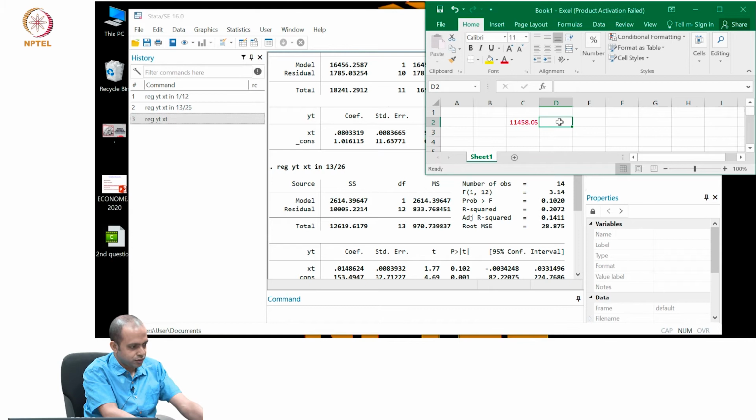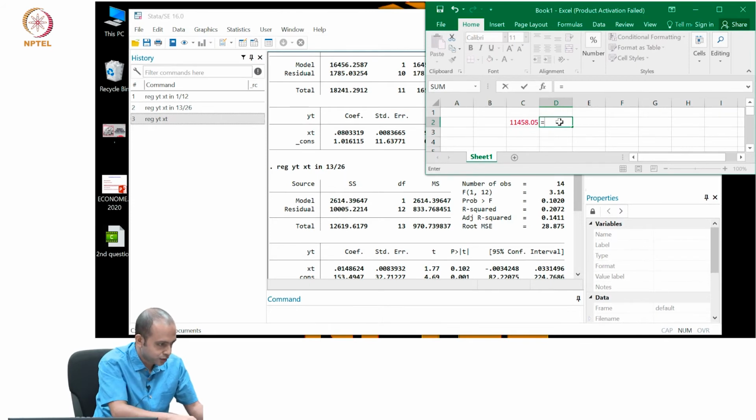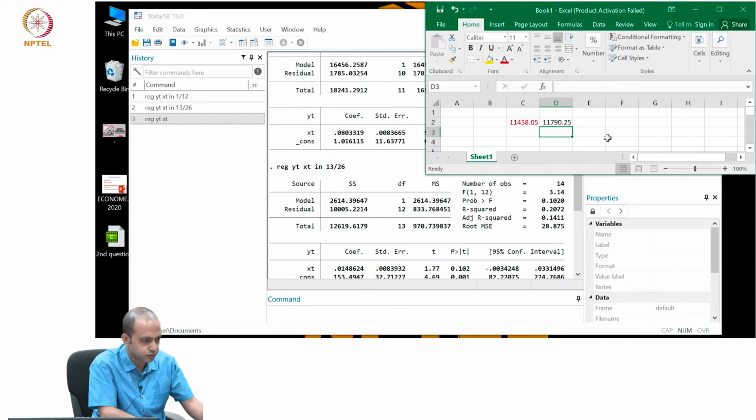which is unrestricted, which is again equal to 1785.03 plus 10,005.2214.